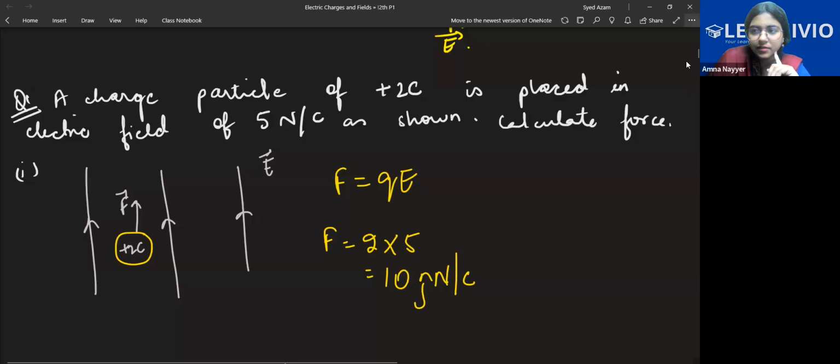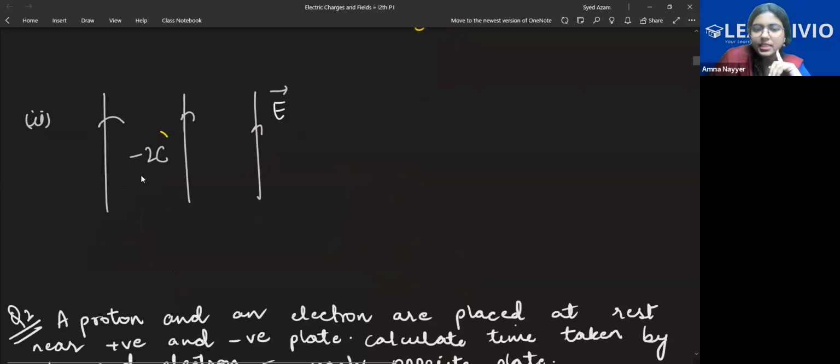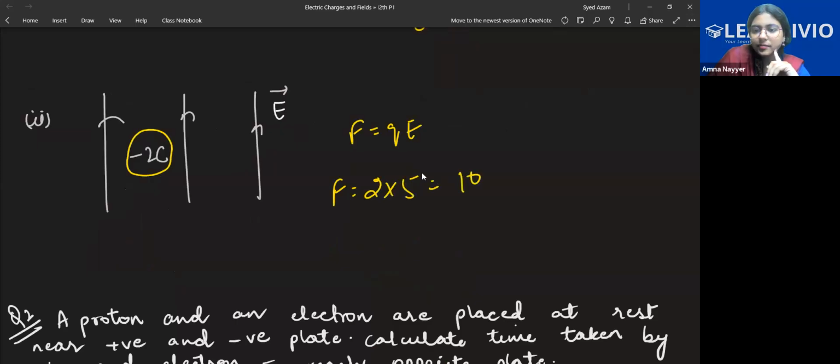But when we are talking about negative charges, like minus 2 coulomb of charge, the force formula is F is equal to QE. So it will be 2 into 5, which is 10. But the direction will be downwards, opposite to that of the electric field, because this is a negative charge. So this will be minus J cap Newton.